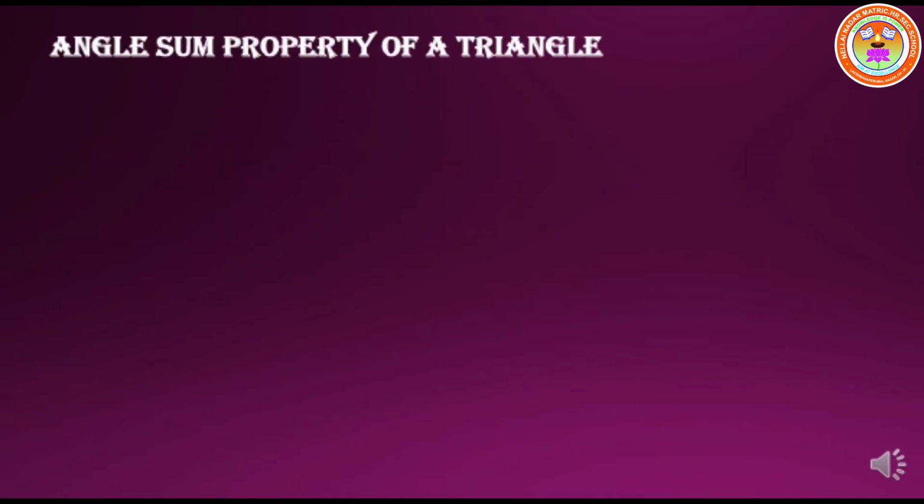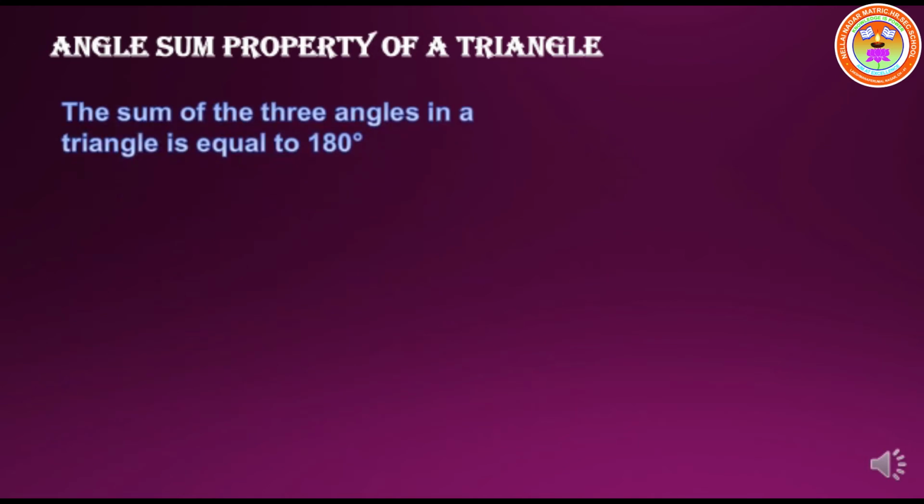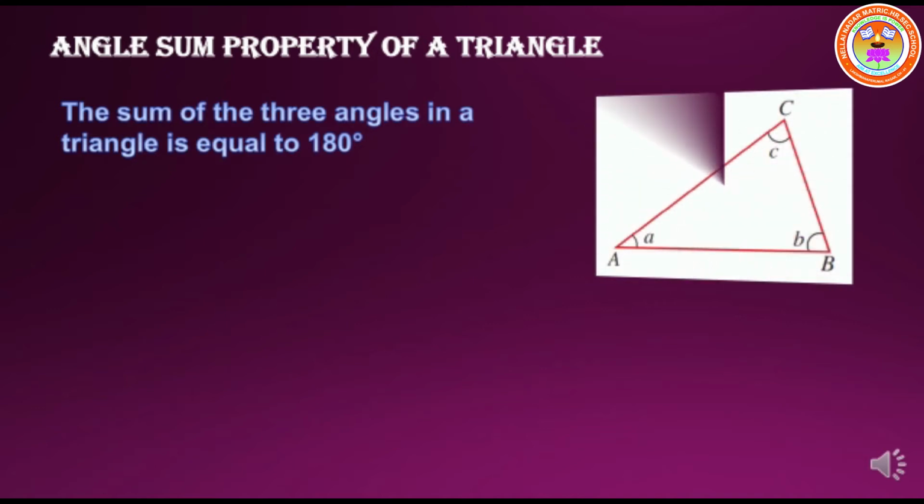Angle sum property of a triangle. What is angle sum property of a triangle? Now let us learn that. The sum of the 3 angles in a triangle is equal to 180 degrees. So here is the triangle ABC and the angles are A, B and C represented in small letters.